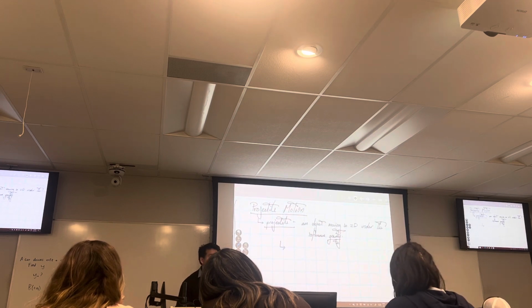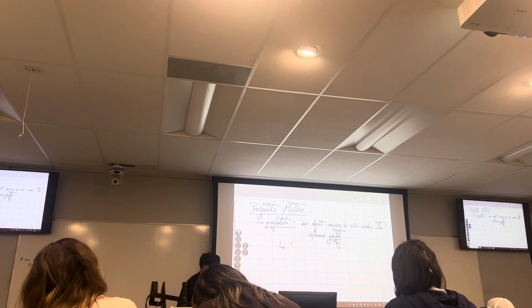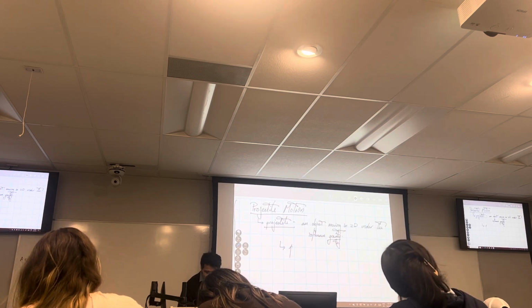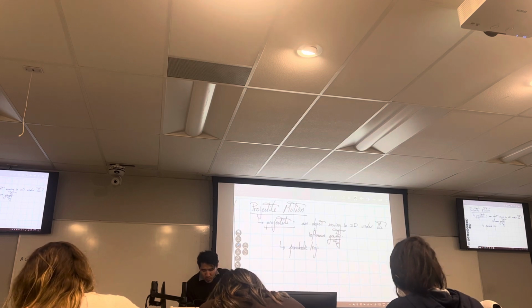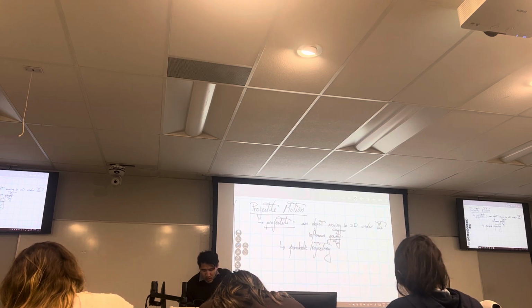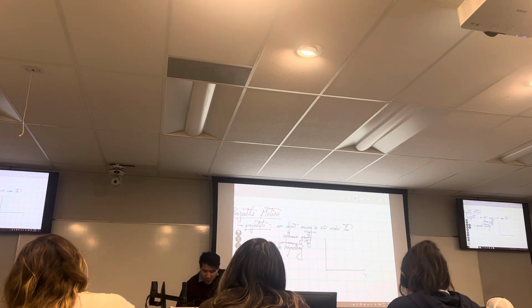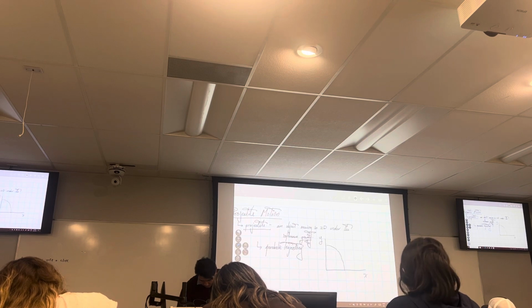Now, one of the characteristics of projectile motion is that it has a parabolic trajectory. Meaning, if we have our x and y plane, and let's say we drop a tennis ball, it will look something like this.